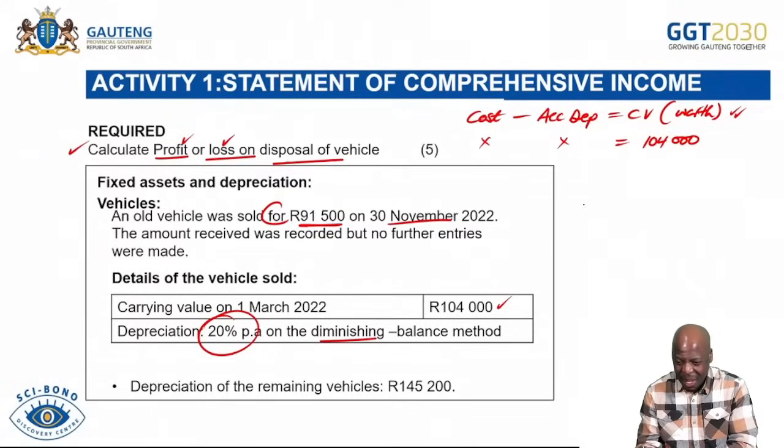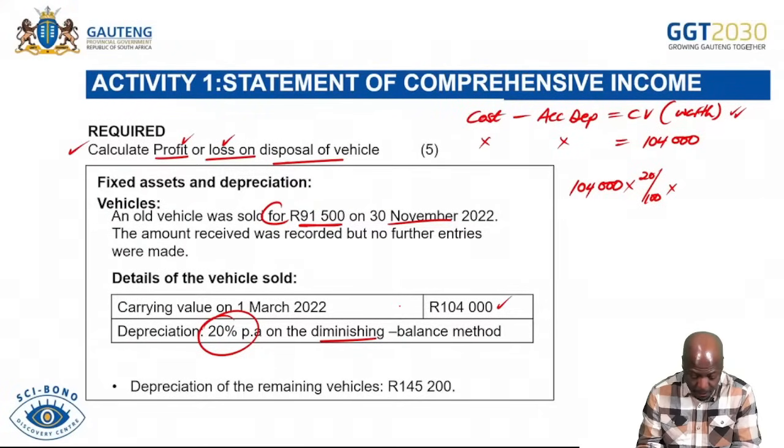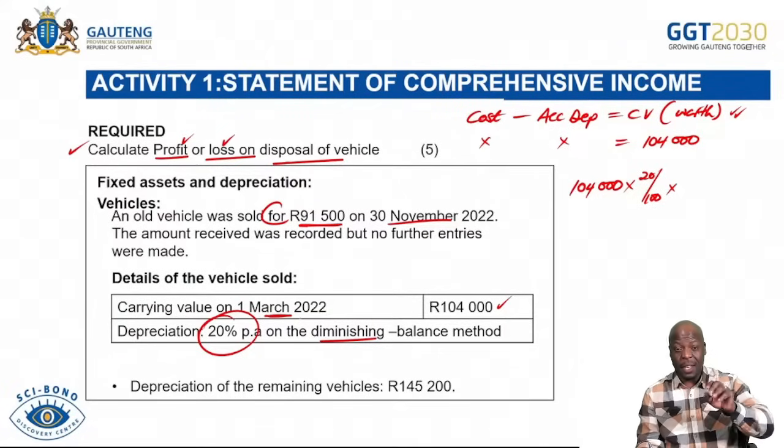So I'm going to take here my 104, which is my carrying value. Remember, in the diminishing balance method, we calculate depreciation on carrying value. 104 multiplied by 20 over 100, multiplied by how many months? So we calculate the months. We're calculating from the 1st of March. Can I see your fingers? All right?